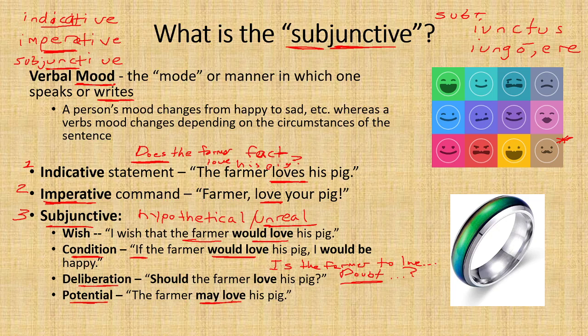The farmer would love his pig, or the farmer may. But notice that we could essentially stick any number of different modal types of verbs in English to achieve this. So the farmer would love his pig, the farmer may, the farmer should. So there are different ways of expressing this potentiality.